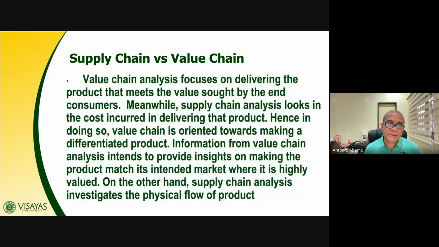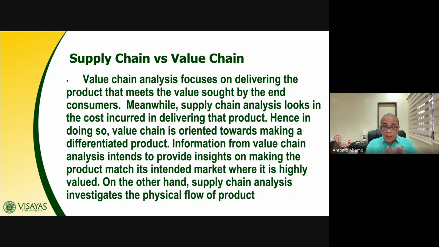Now, value chain analysis focuses on delivering products that meet the value sought by the end customers. Comparing it with the supply chain, it analyzes the cost incurred in delivering that product.